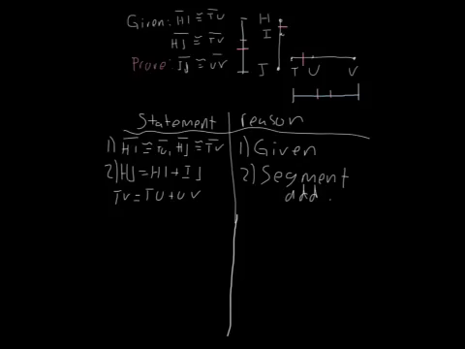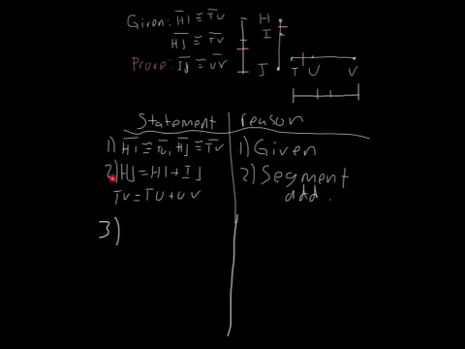All right, third, what can we do now? Well, let's look at what we've got. We've got HJ is equal to HI plus IJ. We've got TV is equal to TU plus UV. It seems like we've got everything in order. Now, I also know that HJ is equal to TV.